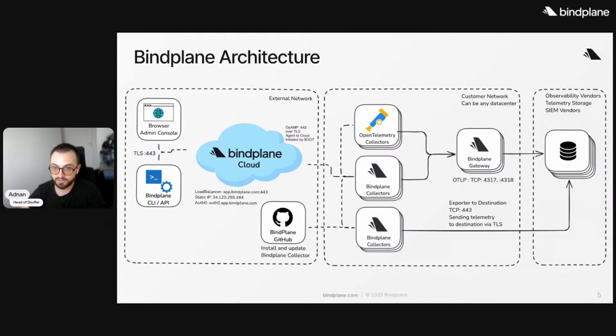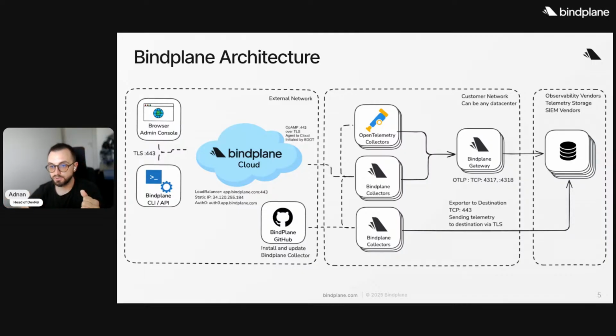Then on the left side, you have the control plane, and that's the central control plane, so Bindplane, that essentially lets you manage and monitor these collectors. Then the way this communication happens is via something called the OpAMP protocol. And that happens between the collectors and the control plane itself.